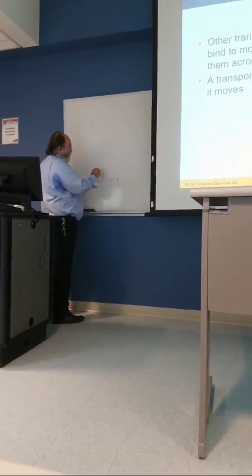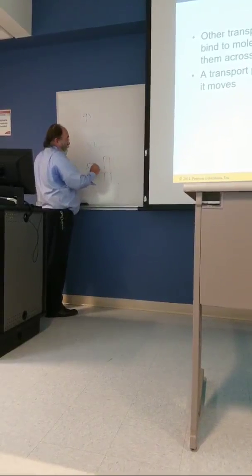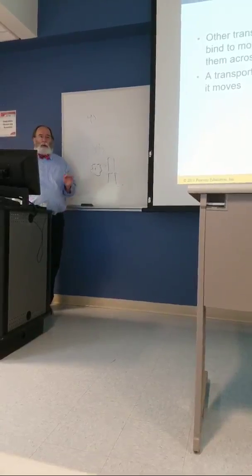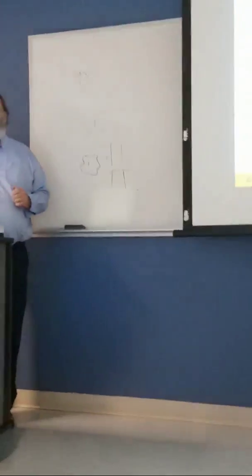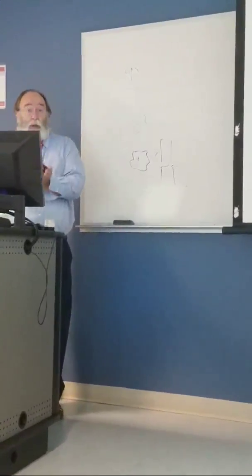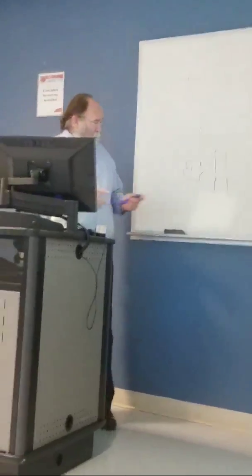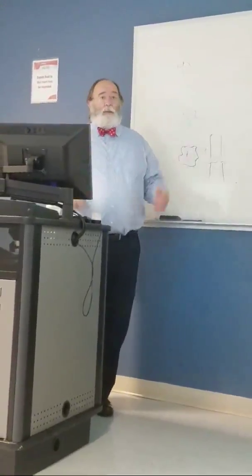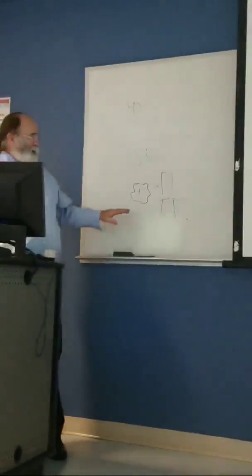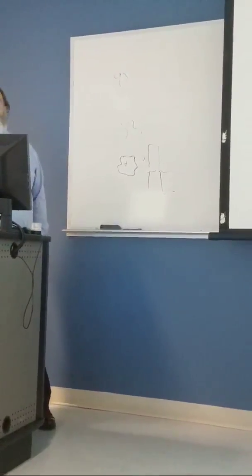Another protein could come along and attach to this and change the shape of that protein so it will fit. Now that's an exaggeration, but it explains what's happening. That protein will actually change the shape of that molecule so it can match up to the receptor and go down through. And that's why many of these can't get through until that occurs. That's a really blatant exaggeration, but it does show the basic thing.